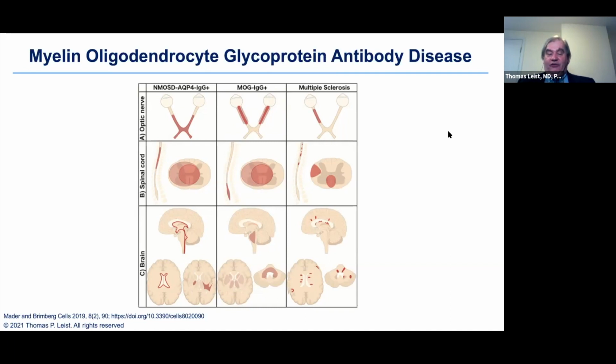It shares features of both of these conditions. As I will discuss with you, MOG antibody disease is more frequent in children than in adults, but nevertheless, it can also occur in adults. It often presents as optic neuritis, but it can also present as transverse myelitis or other syndromes.